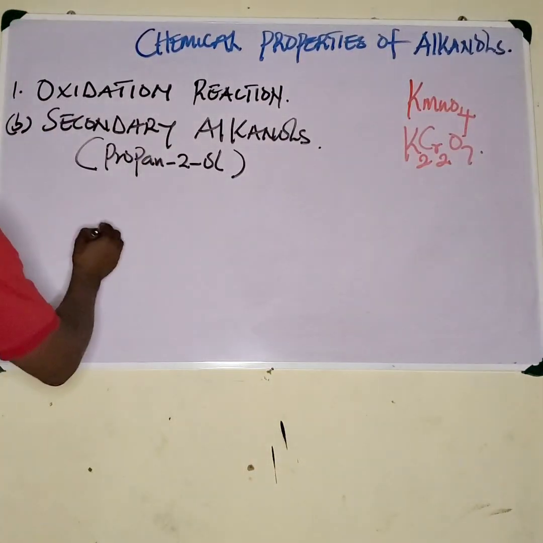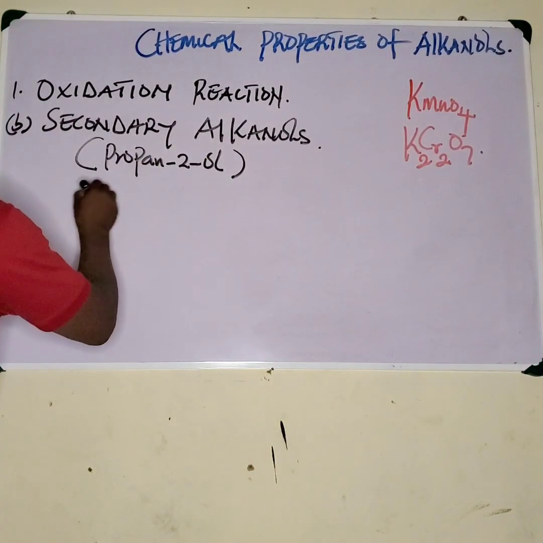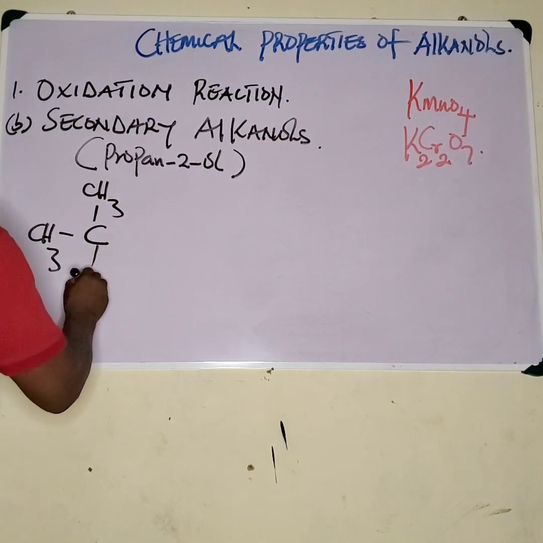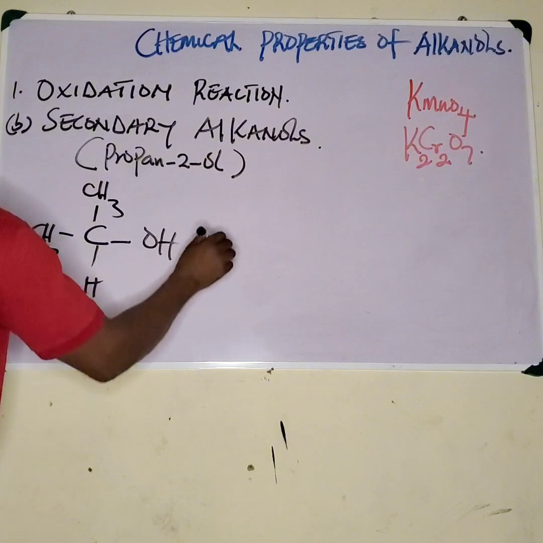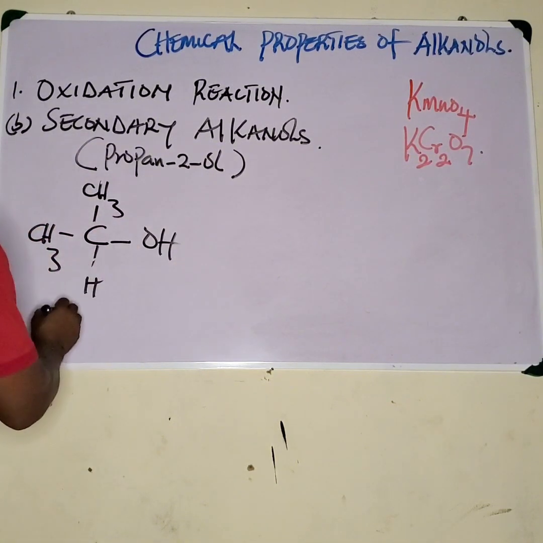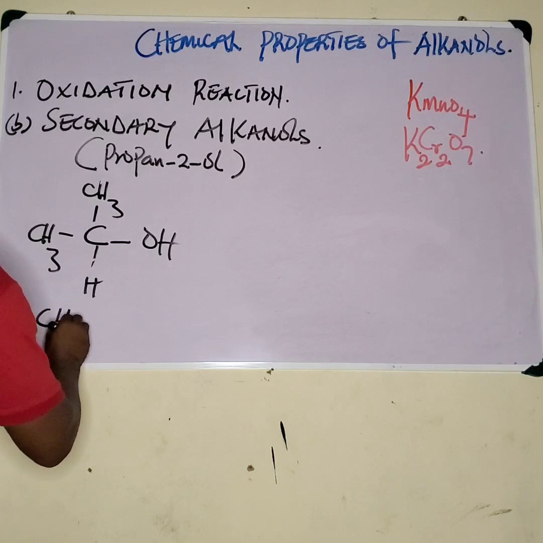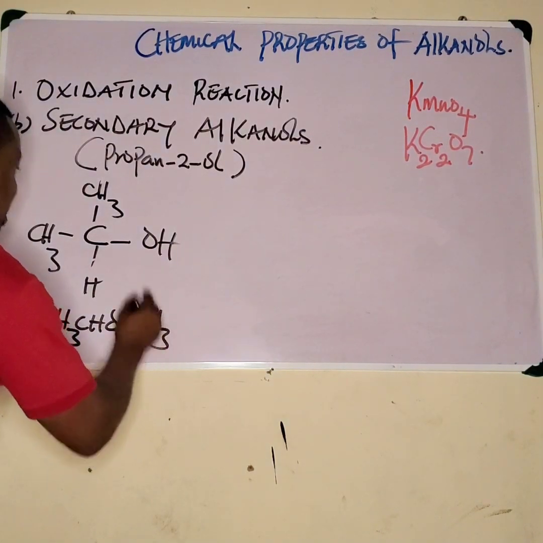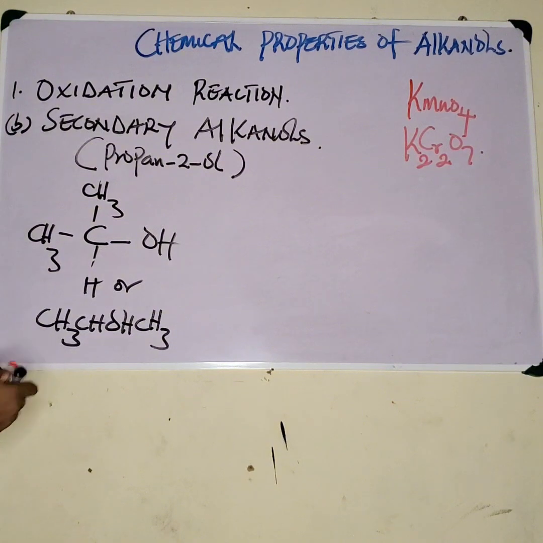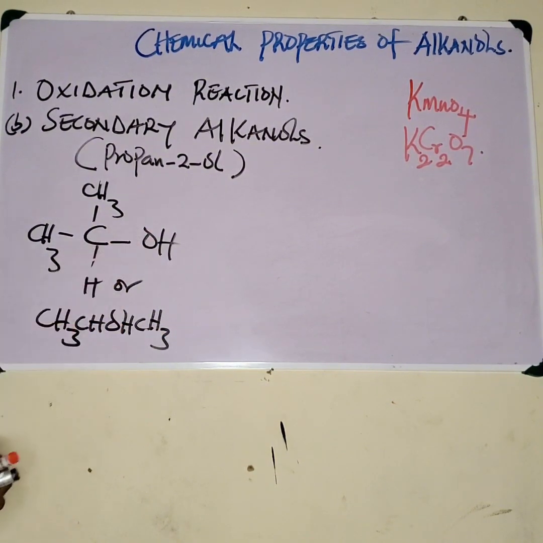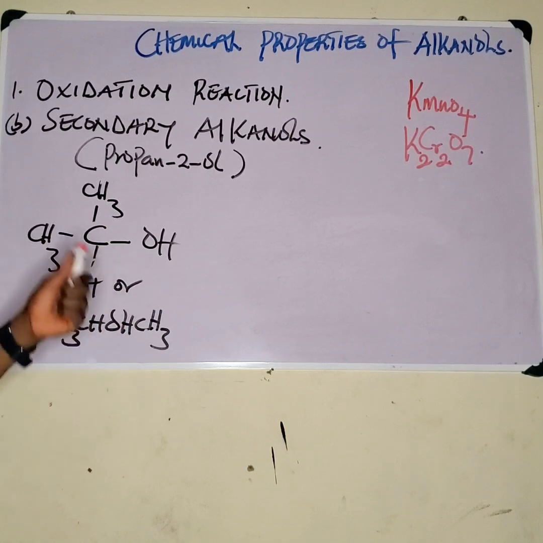So now we have our C, we have CH3, we have CH3, we have our H, and this is attached to OH. So this compound, we write it this way, or we can say CH3CHOHCH3, is the same. This or this is the same. 1, 2, 3, 2-ol. This is propan-2-ol. It is a secondary alkanol.